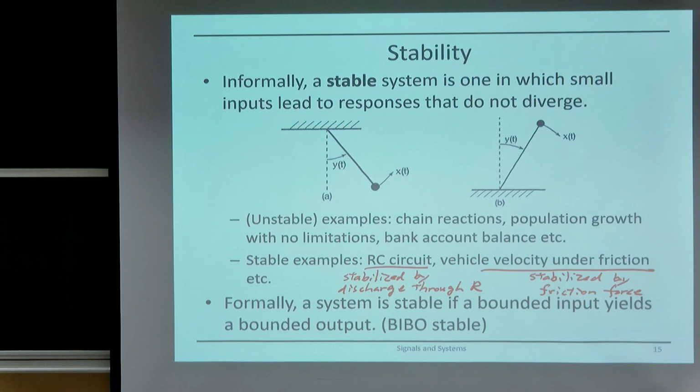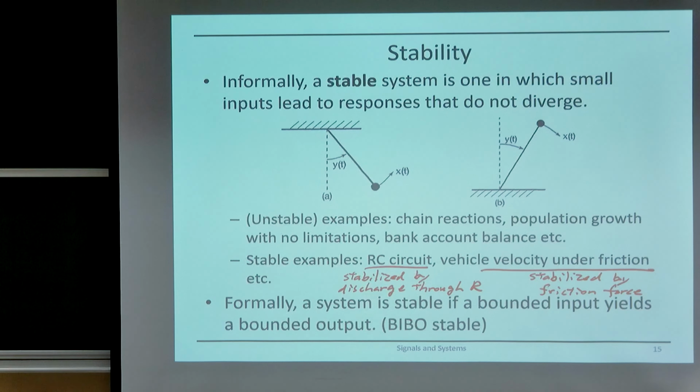So these are just some intuitive examples of what we would think of as a stable system and what we would think of as an unstable system.